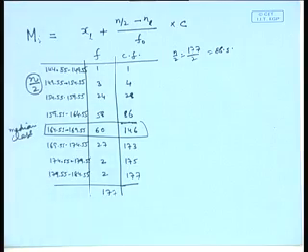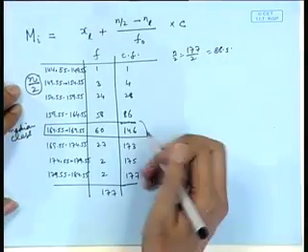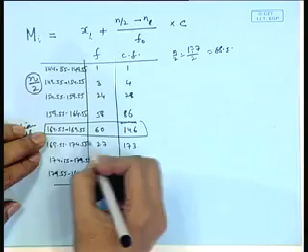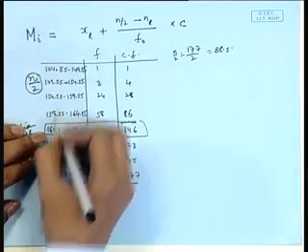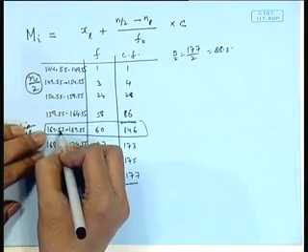XL is the lower limit of the median class.